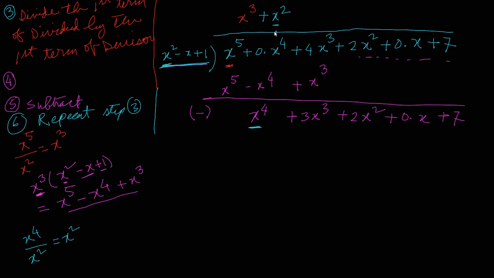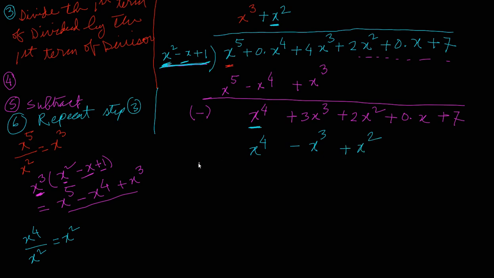So let's do it one by one. x square multiplied by this x square is x power 4. So I'm going to write it here. And then x square multiplied by negative x is negative x cube. Then x square multiplied by positive 1 is positive x square.